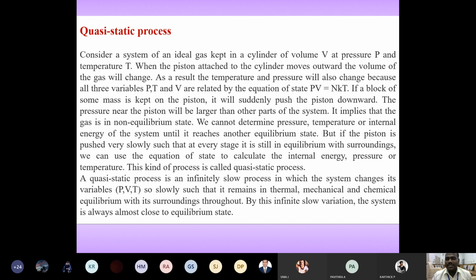The immediate portion of the piston has higher pressure, but in all other positions there will be changes in pressure at a certain instant. So the immediate portion of the piston has more pressure compared with all other positions.